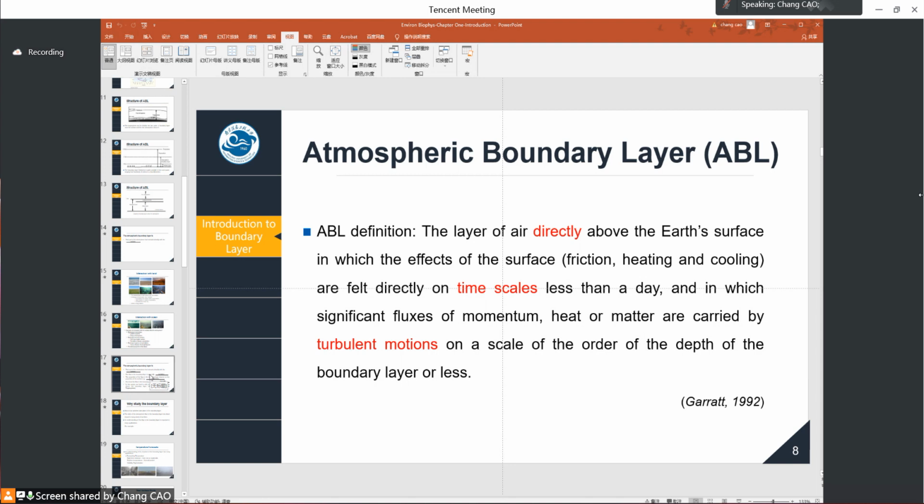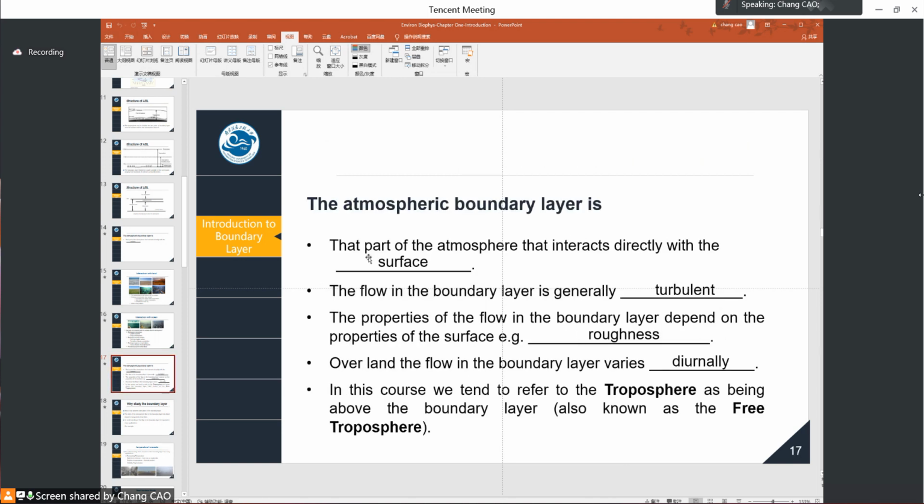Okay, no response. Maybe I will give you the answer, so we can look at this slide. Firstly, the atmospheric boundary layer is the part of the atmosphere that interacts directly with the surface. This is the first part that I put much emphasis on when explaining the definition of ABL.